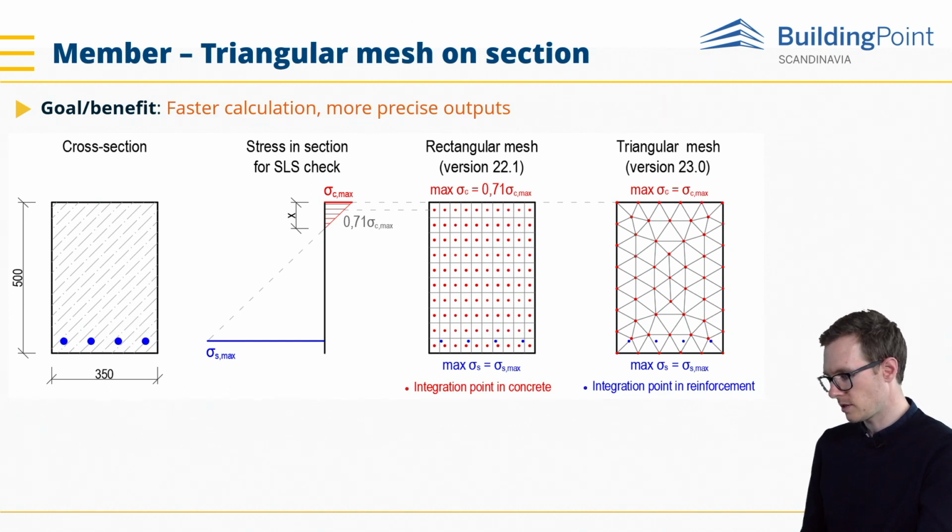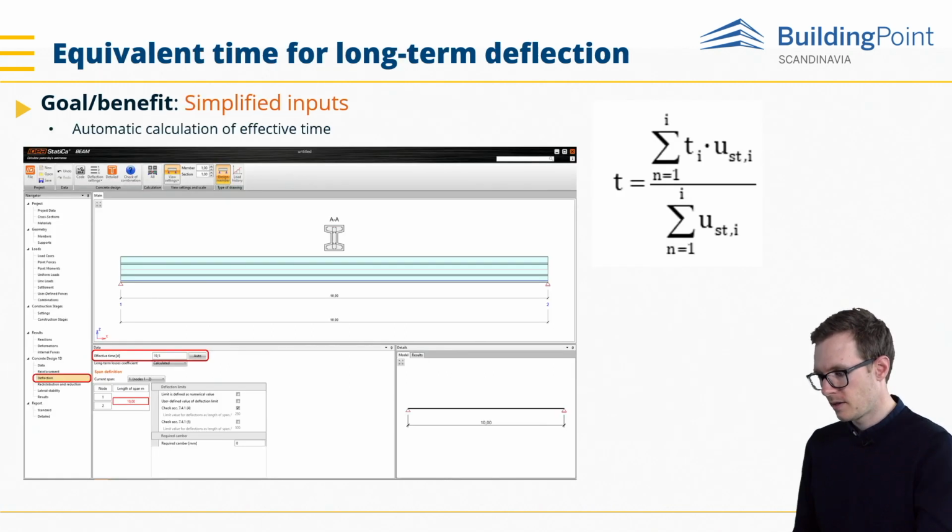Results are not sensitive to the mesh by default, and there is an integration point on the end edge. So a rough mesh causes a decrease of calculation time and faster response. So we are getting more precise values with this improvement.